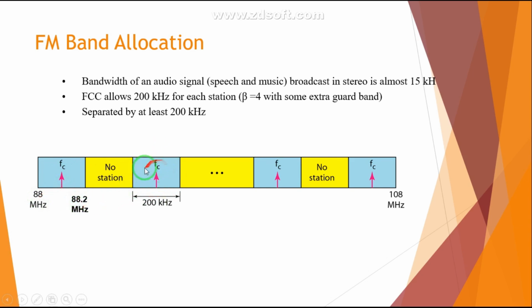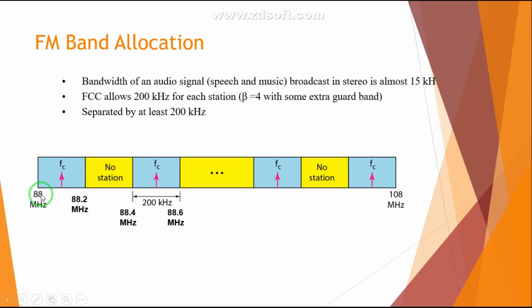So suppose Radio Mirchi has frequency ranging from 88 to 88.2 megahertz, and this is a second FM station whose frequency should then start from 88.4 megahertz up to 88.6 megahertz. See guys, these two stations, Radio Mirchi and Red FM, are going to be separated by 200 kilohertz. It is just an example, guys.